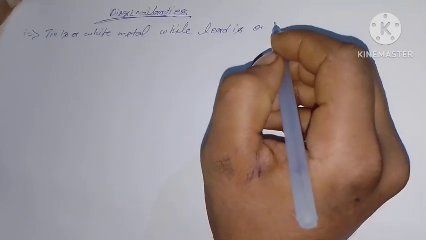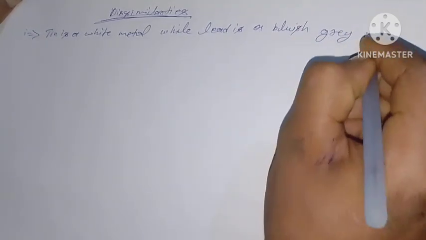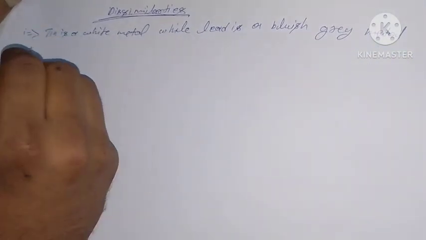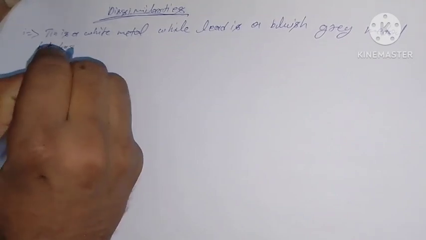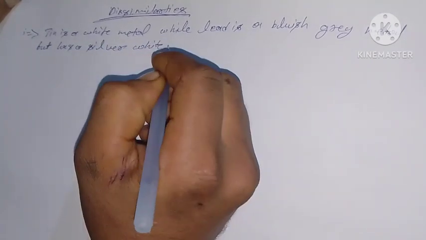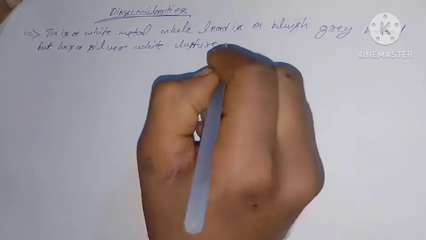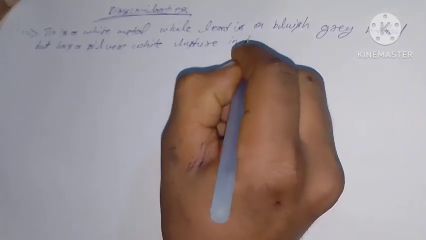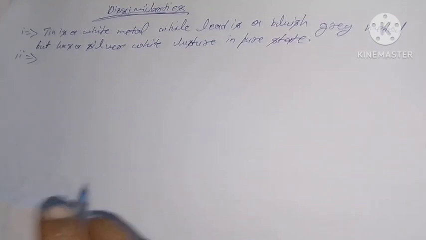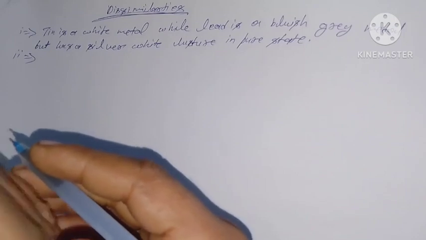Tin is a white metal, while lead is a bluish gray metal, but has a silver white luster in pure state.